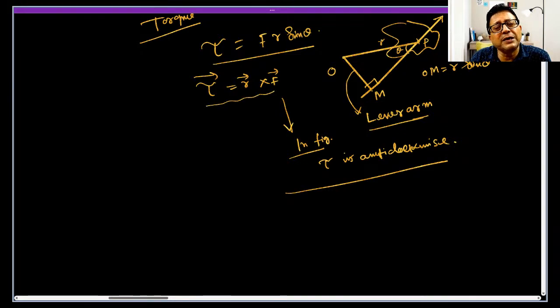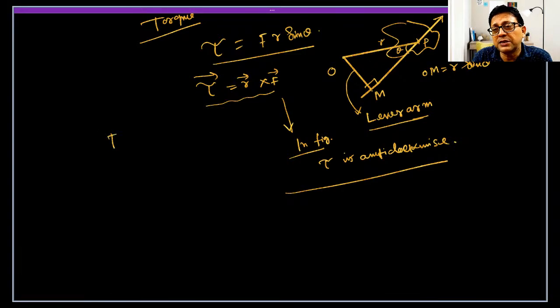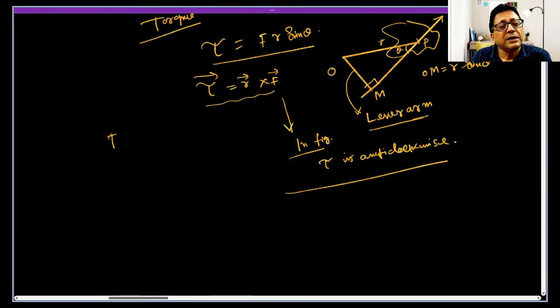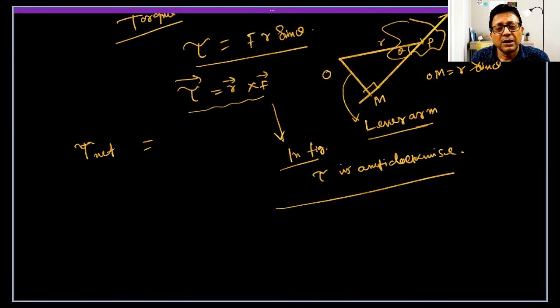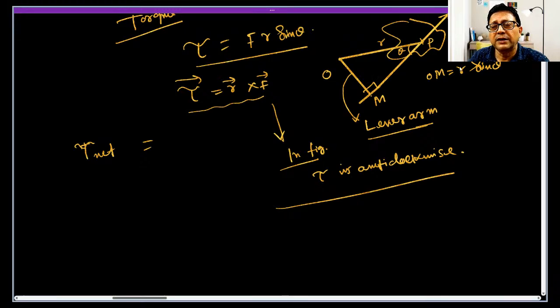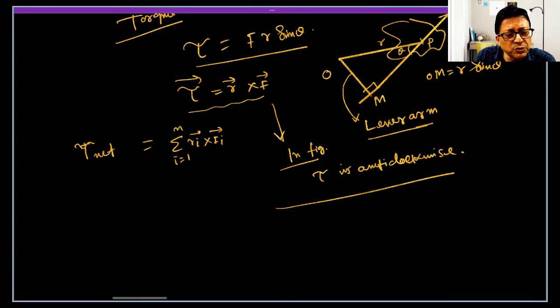This torque can be defined for a system of particles and for a rigid body also. This is for a single force. For many forces acting, the net torque tau net will be sigma r_i cross F_i, i equal to 1 to n.